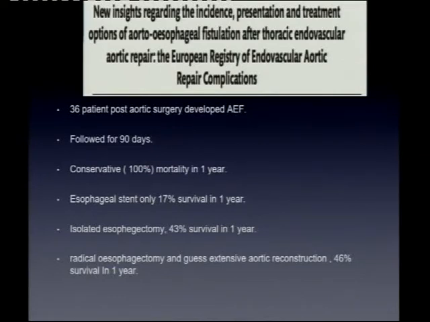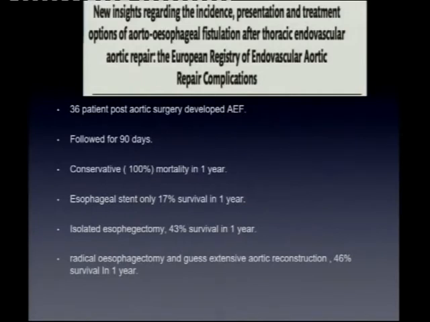The last one was about new insights regarding the incidence, presentation, and treatment of aorto-esophageal fistula after thoracic endovascular aortic repair. It was published in the European Journal of Cardio-Thoracic Surgery, and they studied 36 patients who developed aorto-esophageal fistula post-aortic surgery, and followed them for 90 days. They classified them into 4 groups. The first was treated conservatively, and the mortality rate at 1 year was 100%.